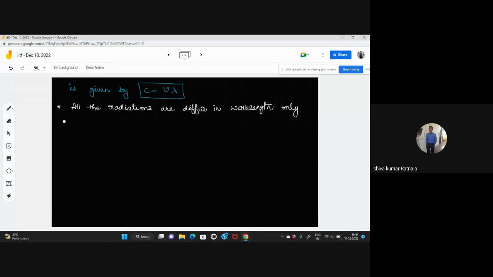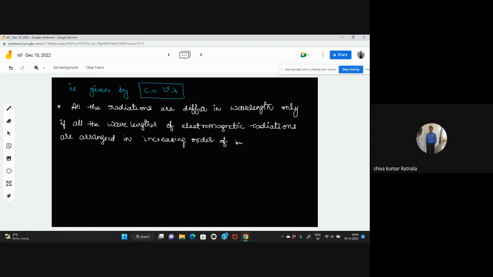If all the wavelengths of electromagnetic radiations are arranged in increasing order of wavelength, the obtained series is called the electromagnetic spectrum.